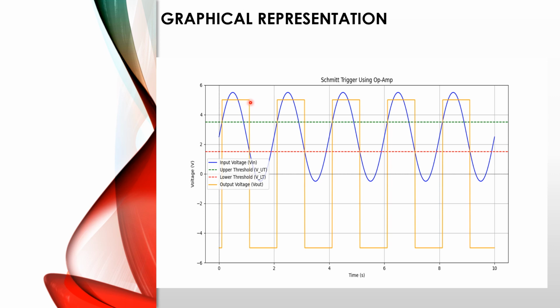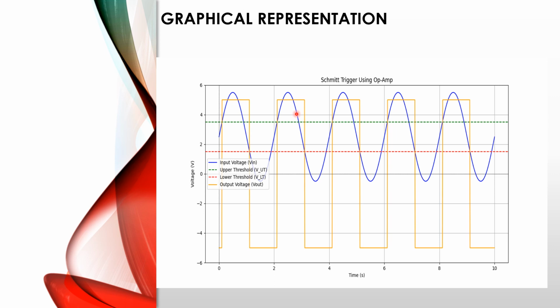So we get this yellow color line, that is positive VCC. Whenever this input voltage is less than the lower threshold voltage, we get the negative VCC. Again, when the blue line is greater than the upper threshold level, that means this green color line, we get the positive VCC.